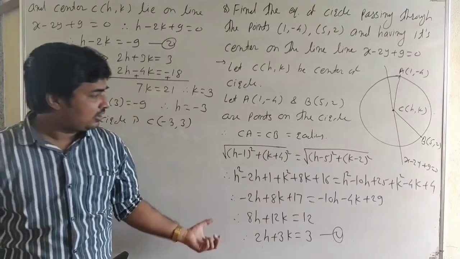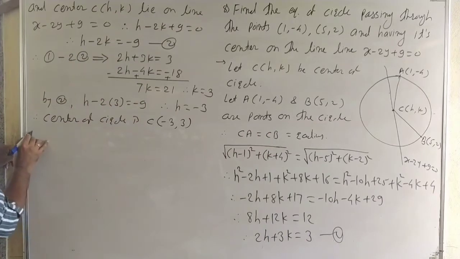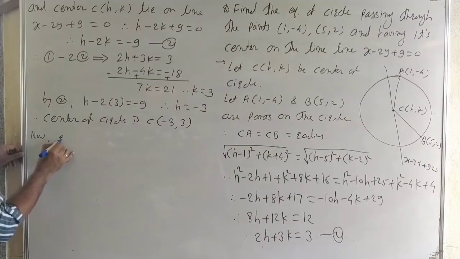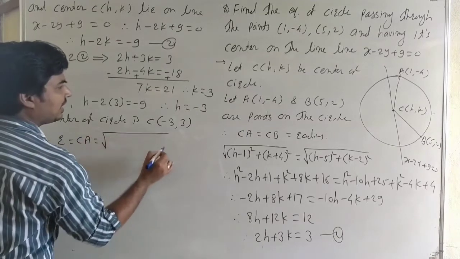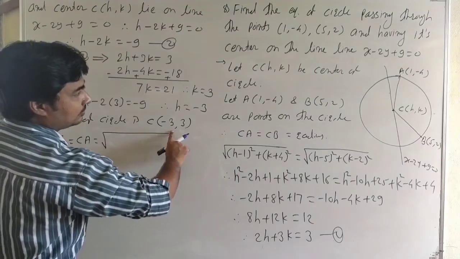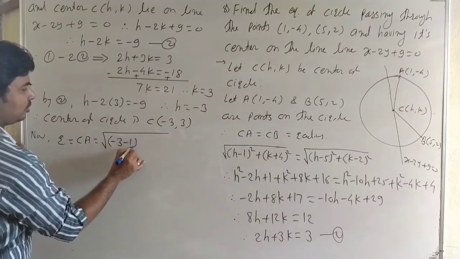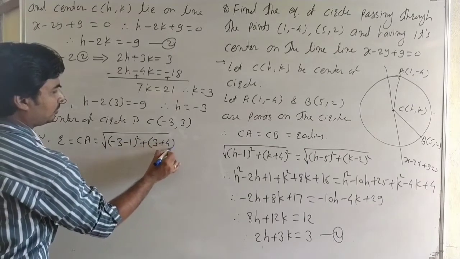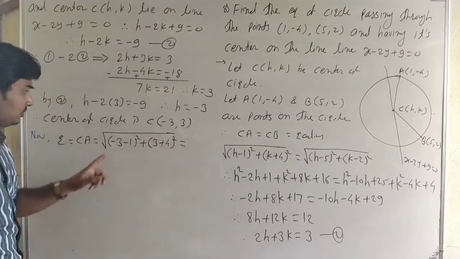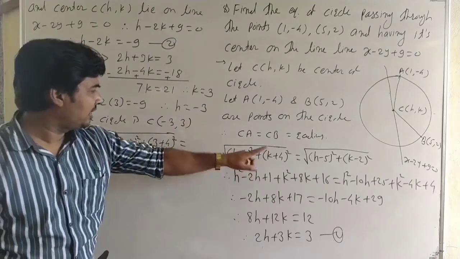Now we find the radius of the circle. Radius is CA, which is the square root of (minus 3 minus 1) whole square plus (3 plus 4) whole square. See carefully: h is minus 3 and k is 3.